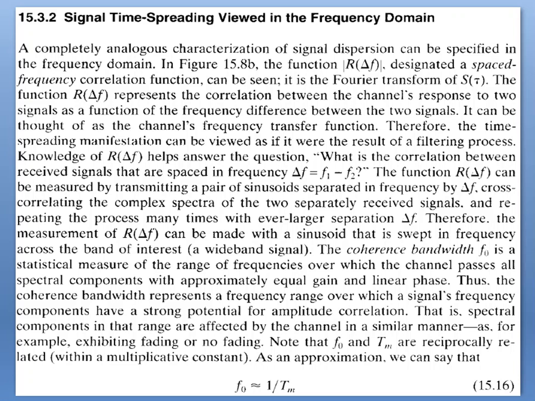That is, spectral components in the range are affected by the channel in a similar manner, for example, exhibiting fading or no fading. Note that f0 and Tm are reciprocally related with a multiplicative constant. As an approximation, we can say that f0 is approximately equal to 1 by Tm.